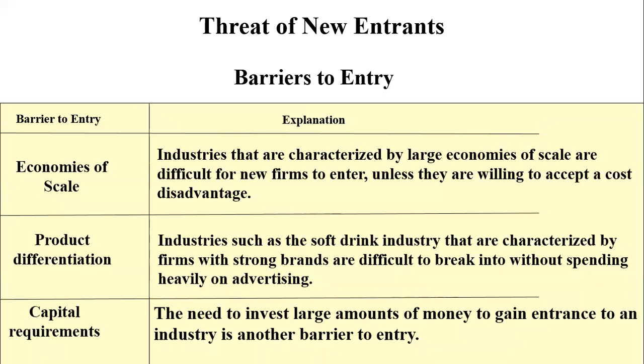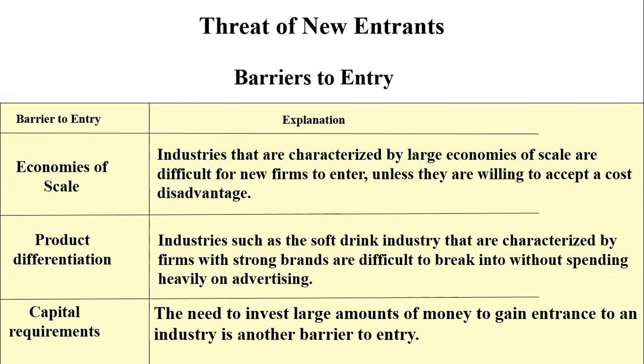So the first barrier that we are going to look at is what we call economies of scale. Now, industries that are characterized by large economies of scale are difficult for new firms to enter unless they are willing to accept a cost disadvantage. And when we talk about economies of scale, it simply means that for a firm to make profits, there is a need for them to produce in large quantities.